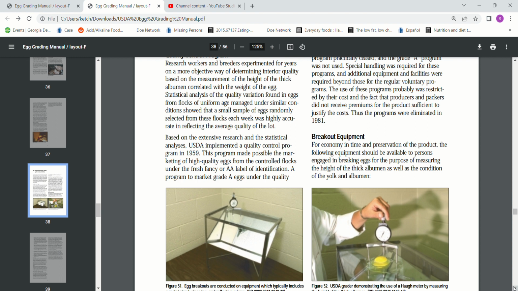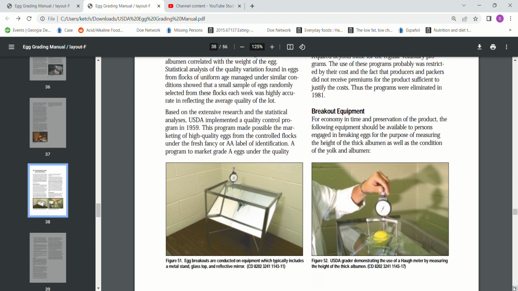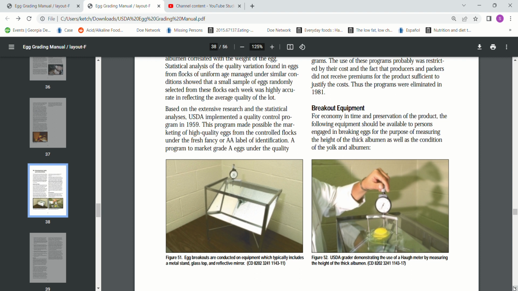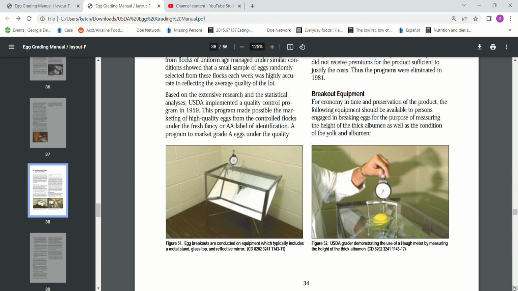The use of these programs probably was restricted by their cost and the fact that producers and packers did not receive premiums for the product sufficient to justify the cost. Thus, the programs were eliminated in 1981.